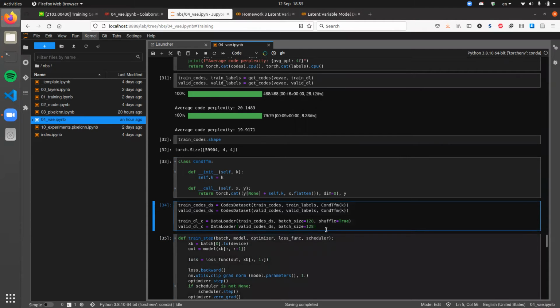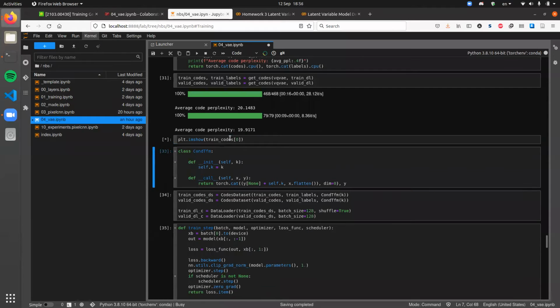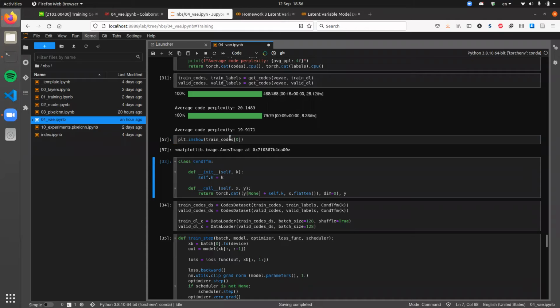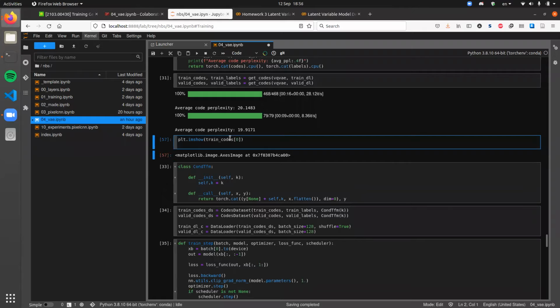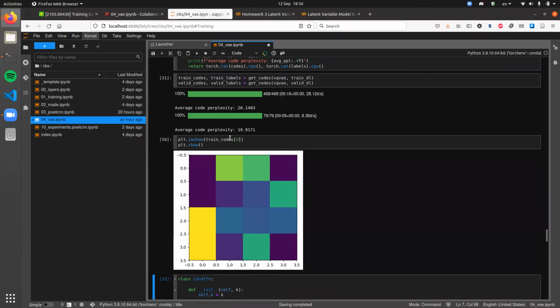Right, so we can have a look at a single data point here, for example in the training codes. So let me just do this. Oh, okay.